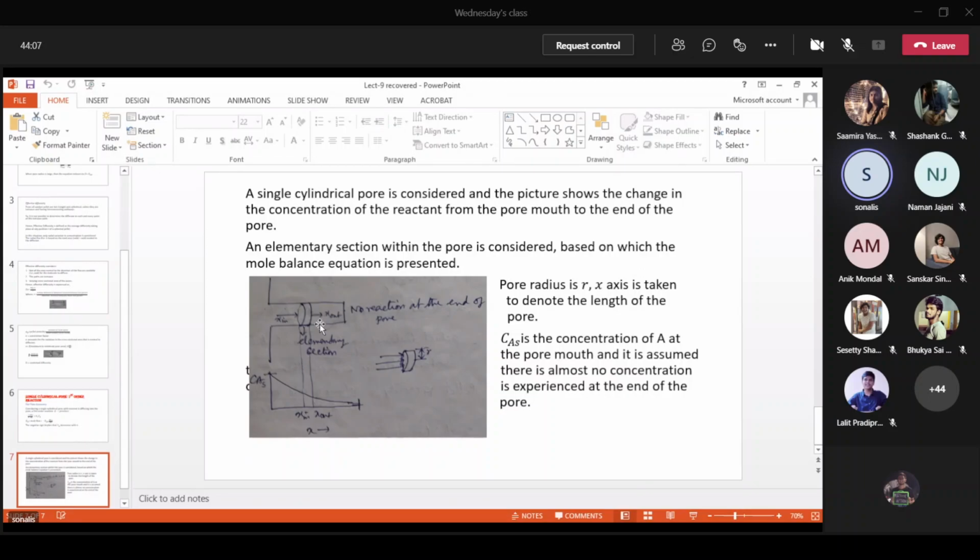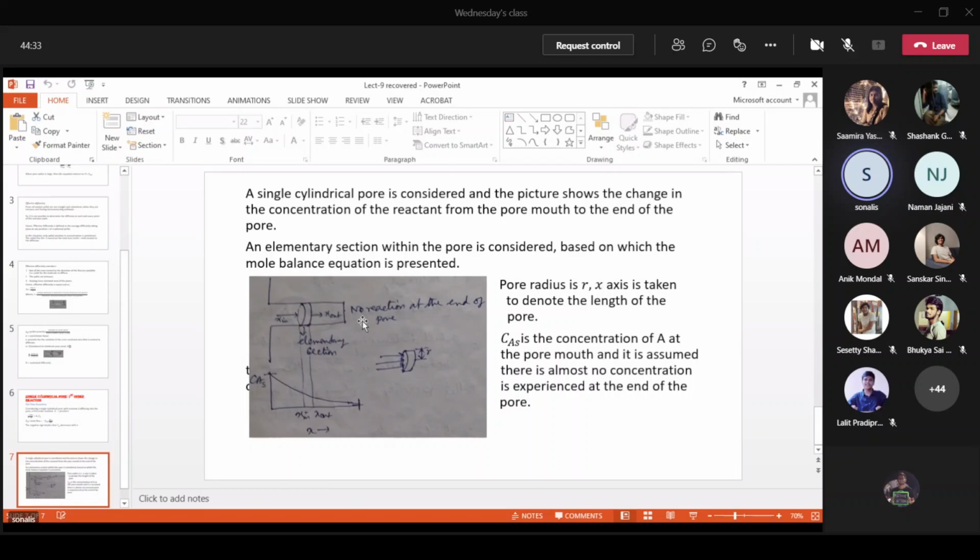Throughout, the reaction is happening obviously, but as you go from the pore mouth to the end of the pore, the concentration of reactant decreases because of the resistance of mass transfer. And at the end of the pore, we consider no reaction because there is almost no available molecule of A to react at the end of the pore.